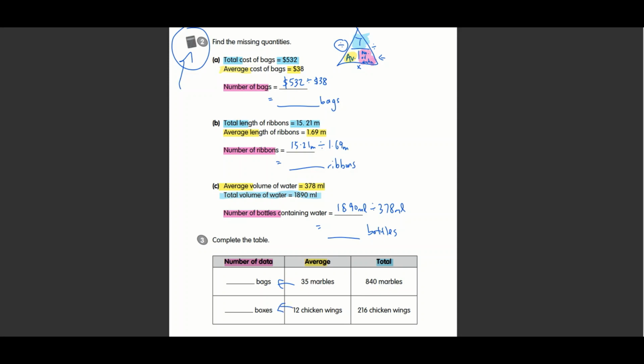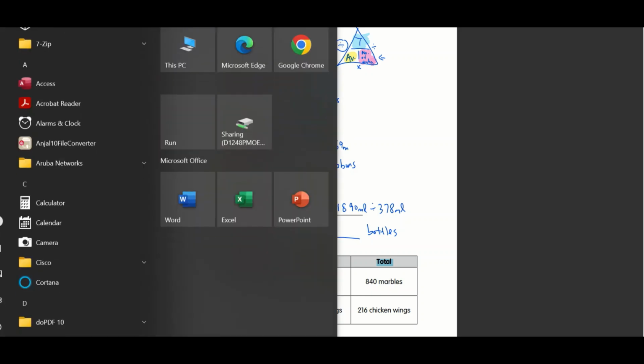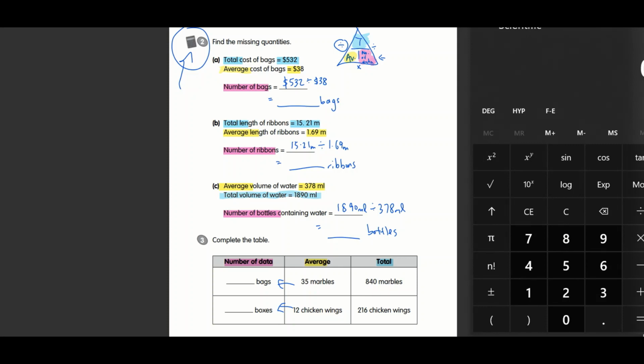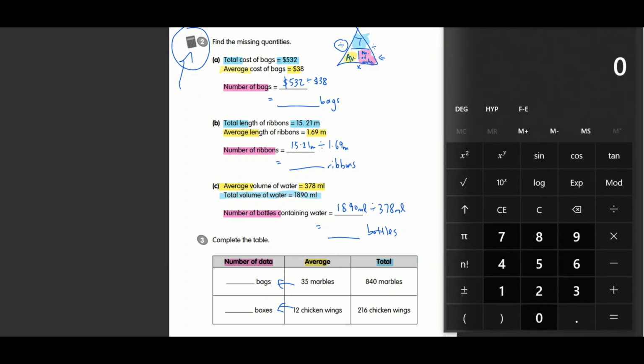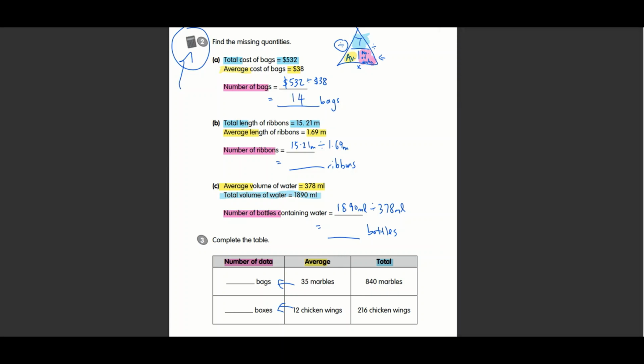With a calculator, let me get my calculator on screen and shift it here. I can easily press the numbers and I should get an answer of 14 bags.